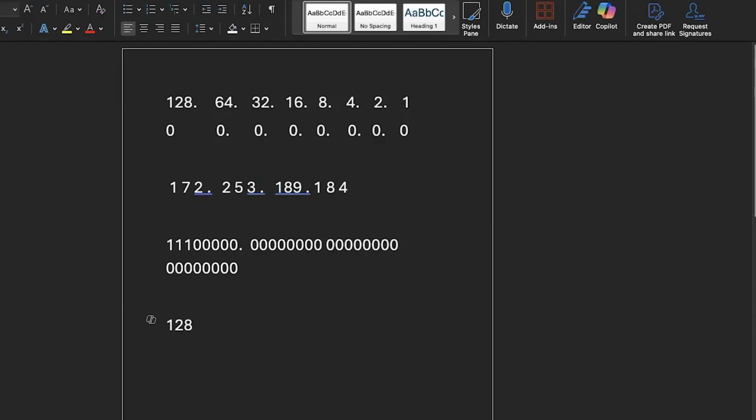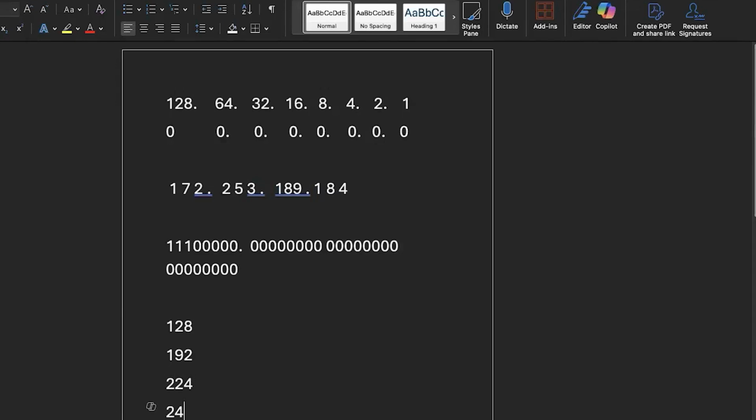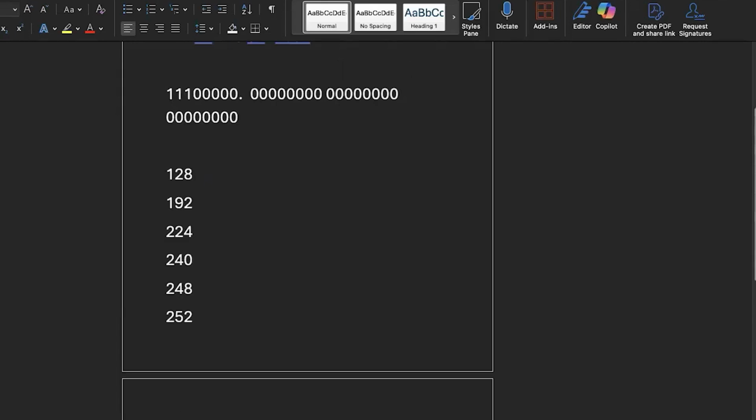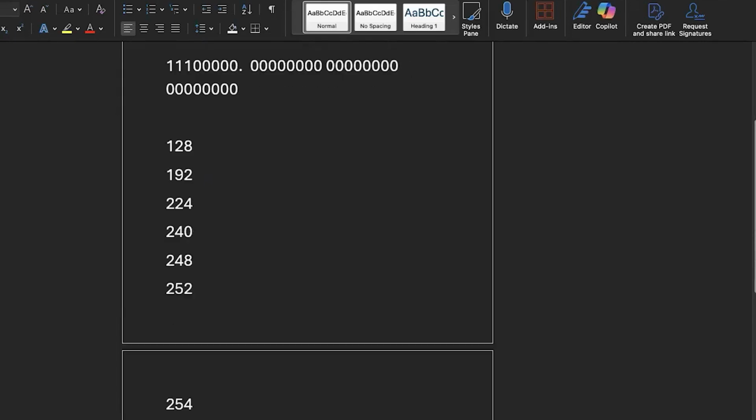It can only be 128, 128 plus 64, 192, 192 plus 32, 224, 224 plus 16, 240, 240 plus 8, 248, 248 plus 4, 252, 252 plus 2, 254, 254 plus 1 is 255.